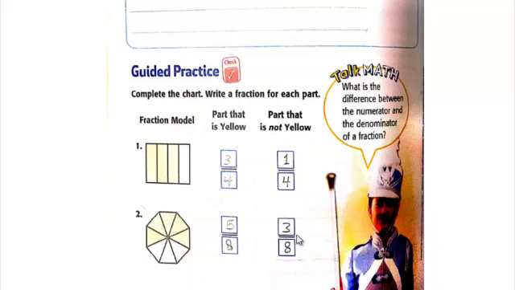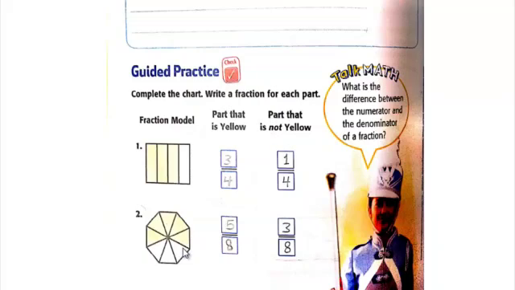First, you will draw a line like this to separate between numerator and denominator. Down, you will write total number of parts. So here, how many parts in all? 1, 2, 3, 4, 5, 6, 7, 8. 8 parts. And up, you will write the part that is not yellow.